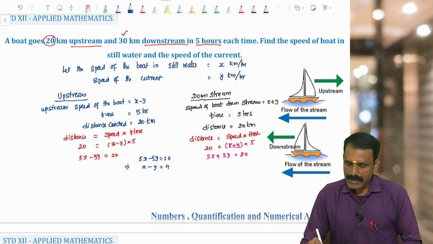Again I divide this equation by 5. We get x plus y is equal to, we divide 30 by 5, so you get 6.